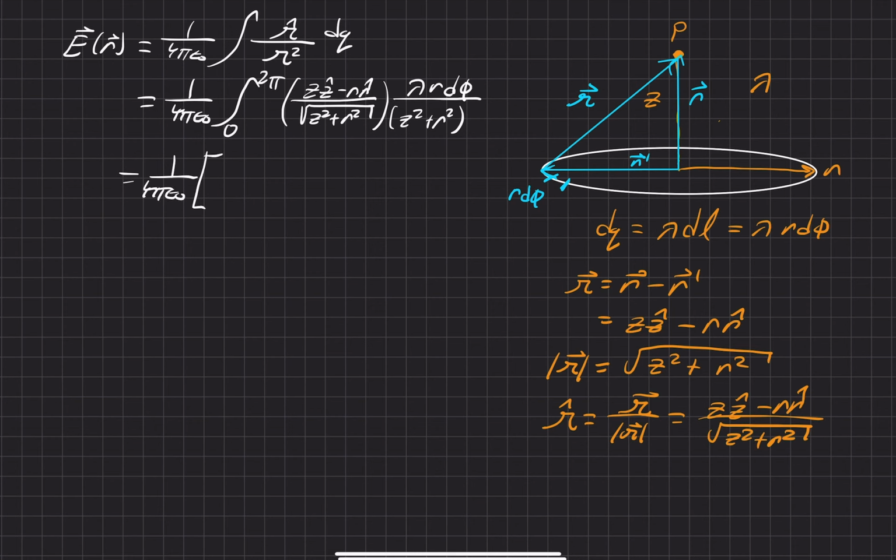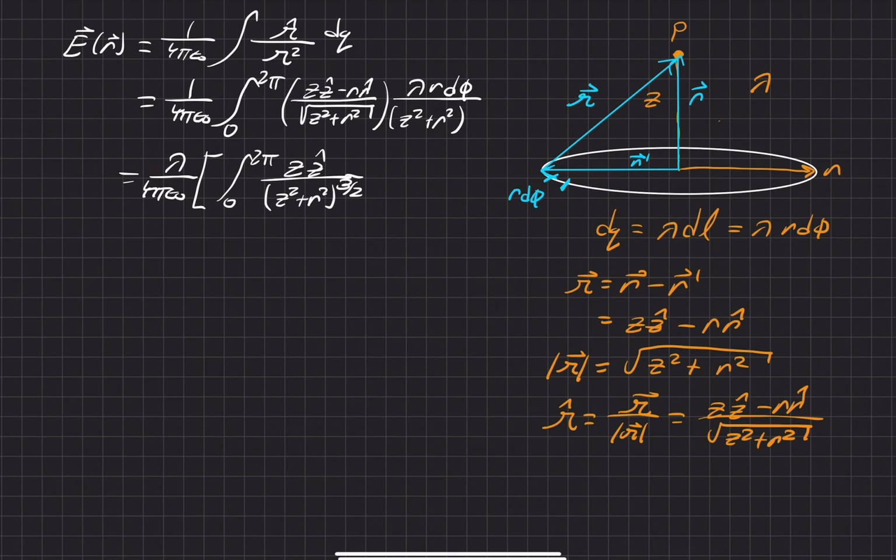Times the quantity of, so we have a z component. And then when we combine these two, these are just going to be the quantity of z squared plus r squared to the 3/2. Common theme that we see here. And then of course we have our chunk of constants common to both of them, which we'll put over here.